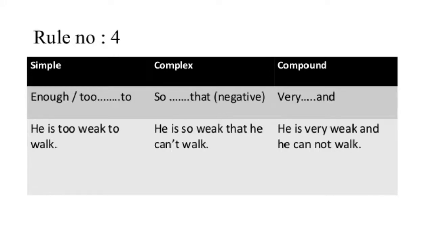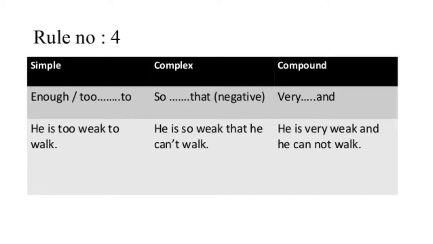So see the example: He is very weak and he cannot walk. In negative, the complex sentence with so that, look at the example: He is so weak that he cannot walk. So children, in simple, if it is enough or too, in compound and complex sentences, it should be changed into negative with very and, and so that in the complex sentence, children.